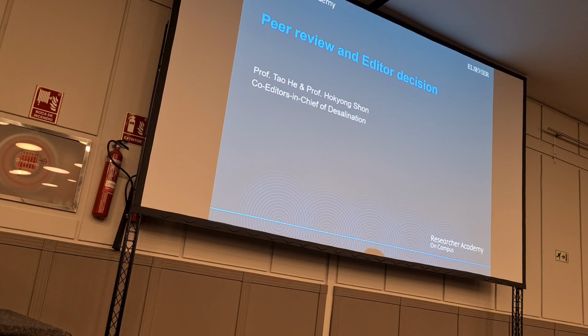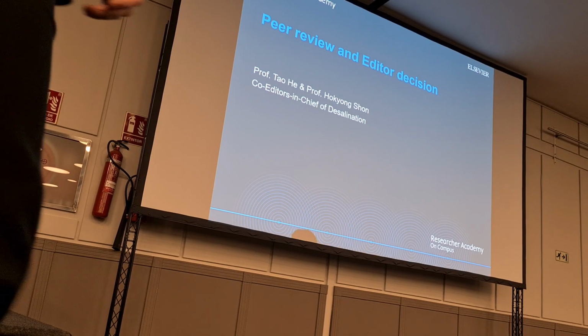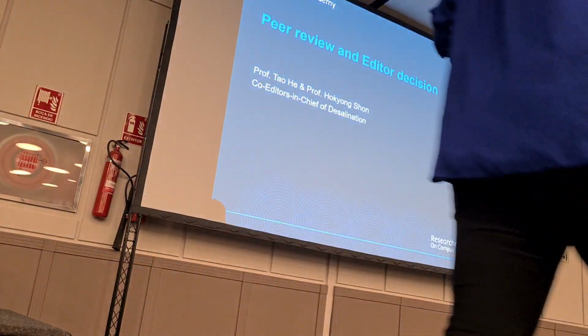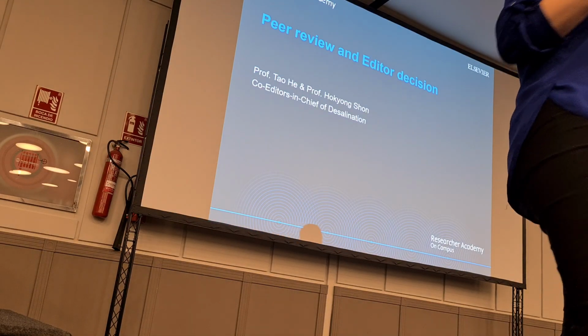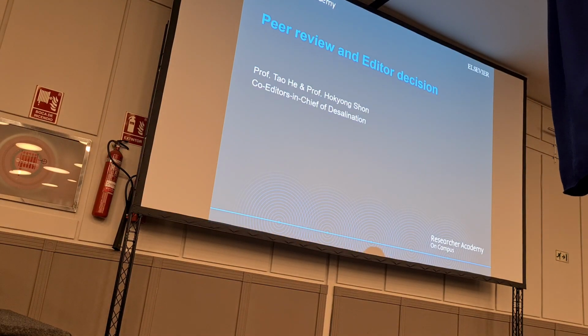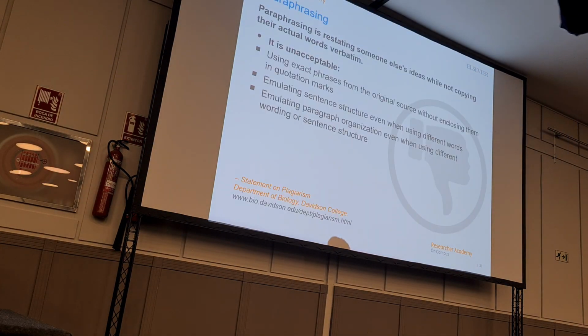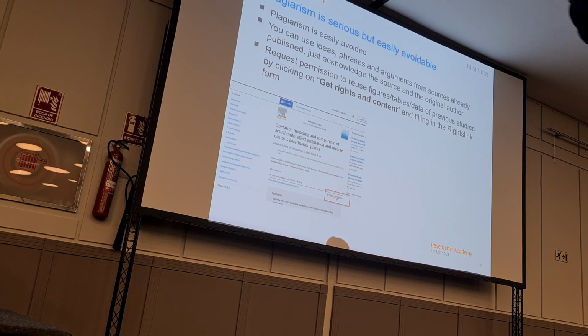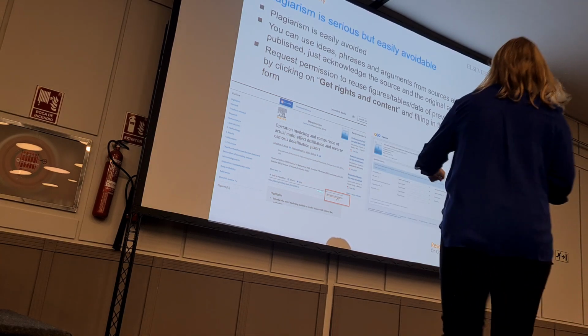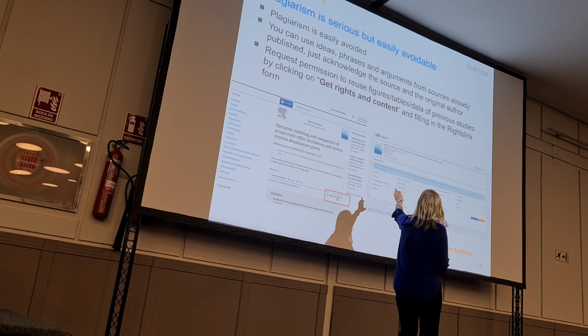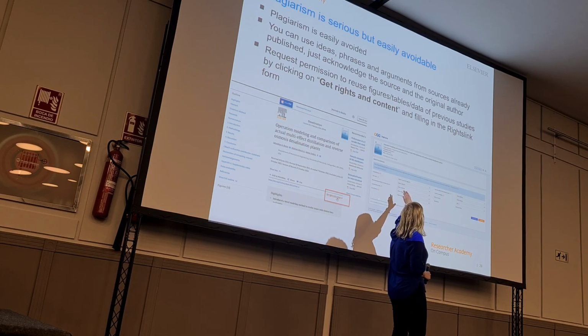Okay, yes. Usually on the article that Sean showed, there's a button you can push, "Get rights and content." If you want to use something from that article, you click there, and it basically asks you what you'd like to do. You can, for example, say you would like to reuse it in a journal or magazine, and that you are also an author.